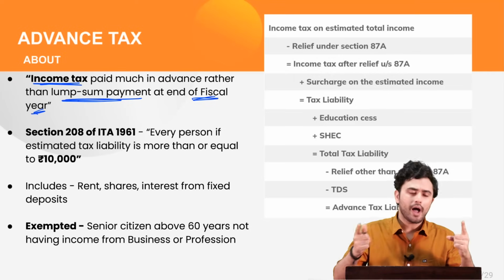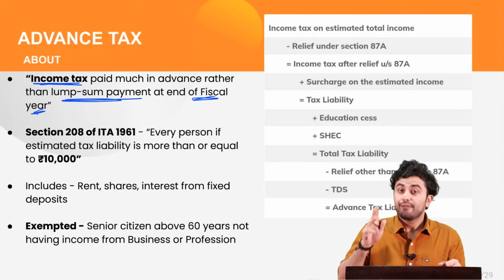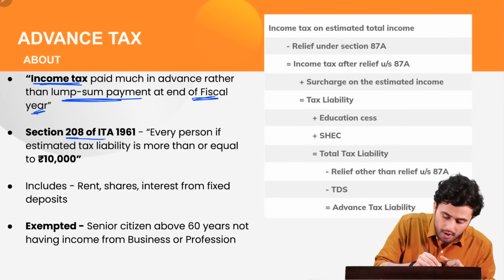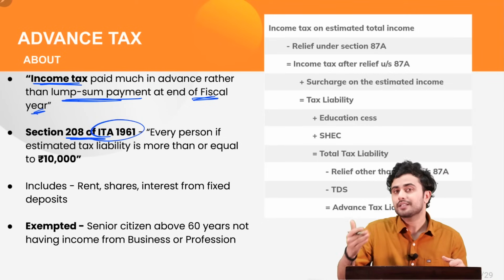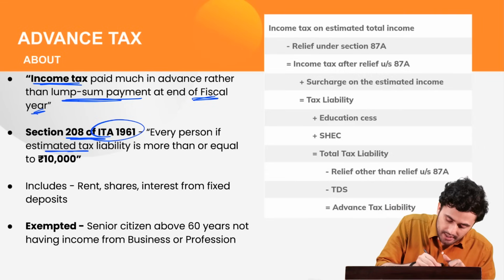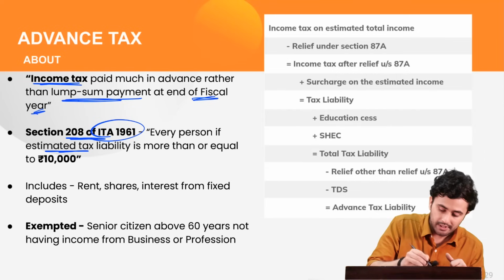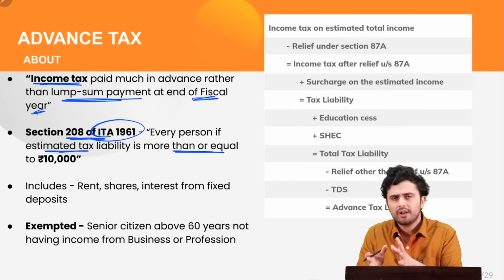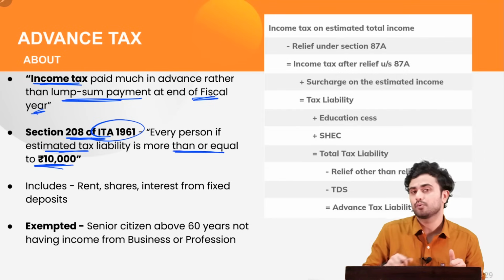Now, who is required to pay this advance tax? Well, as per section 208 of the Income Tax Act of 1961, every person whose estimated tax liability is more than or equal to rupees 10,000.